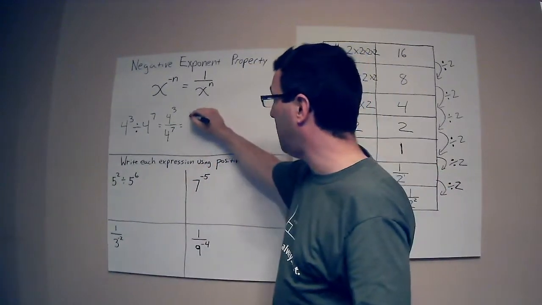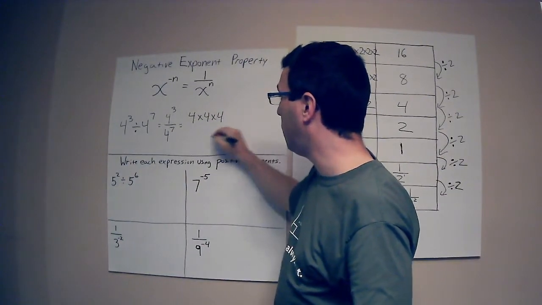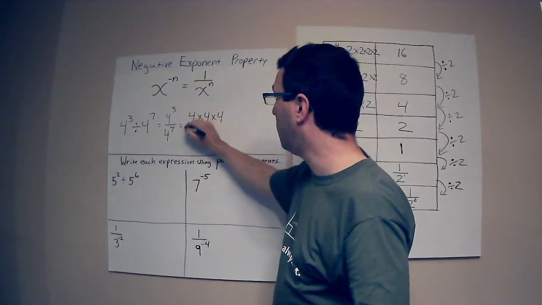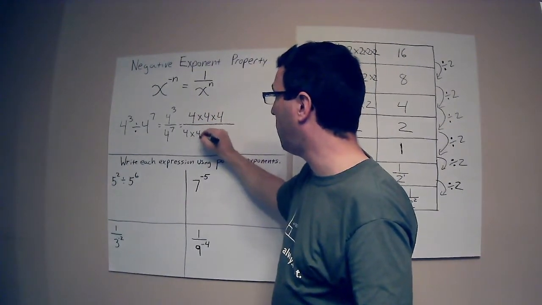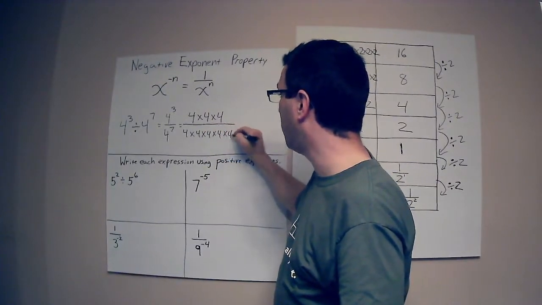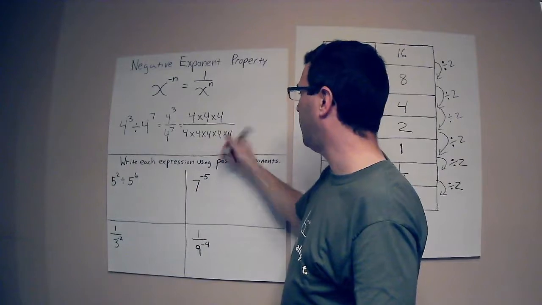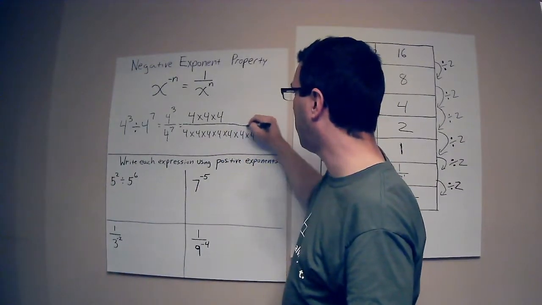Along the top I have 4 times 4 times 4. Along the bottom, 4 times 4 times 4 times 4 times 4 times 4 times 4.